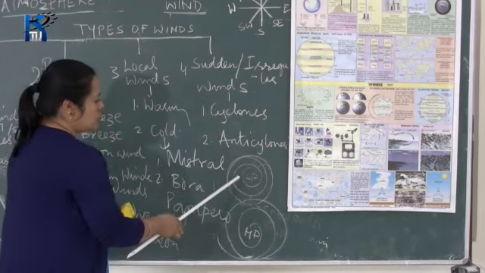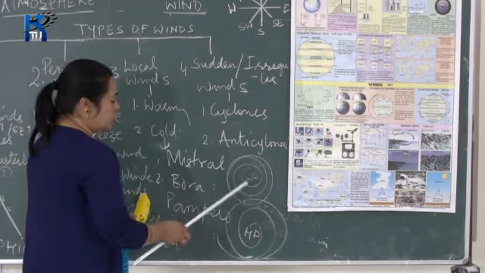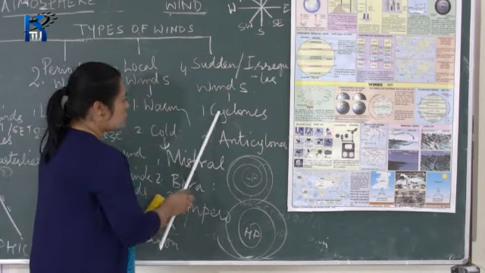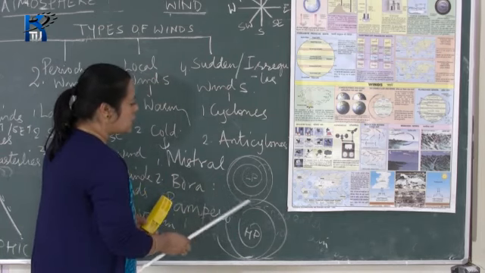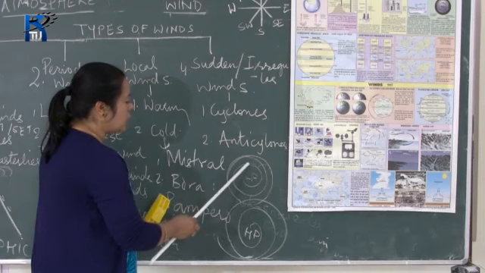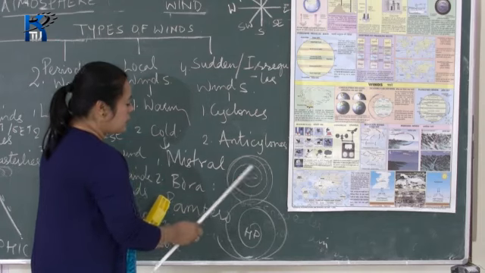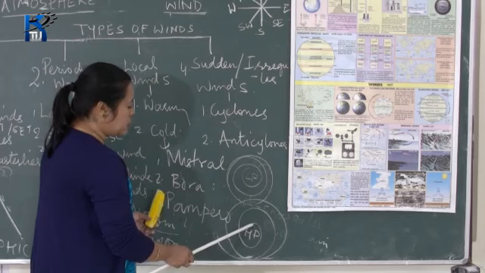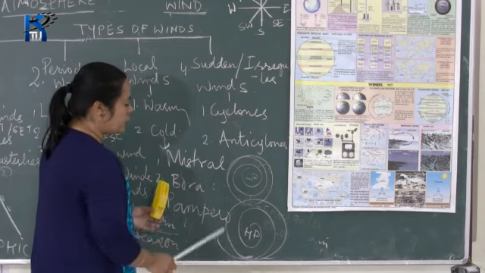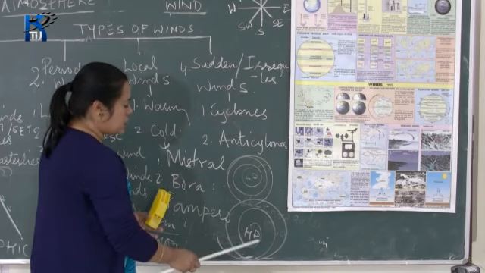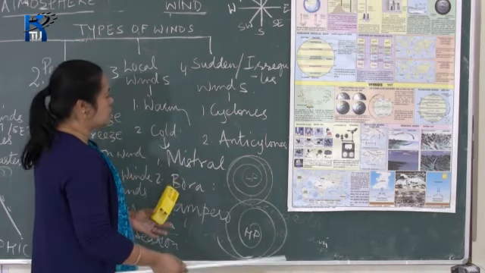As we know, wind always blows from high pressure to low pressure. So cyclones are the spiral movement of wind towards the low pressure centers, and anticyclones are the spiral movement of wind from the high pressure centers towards the low pressure.